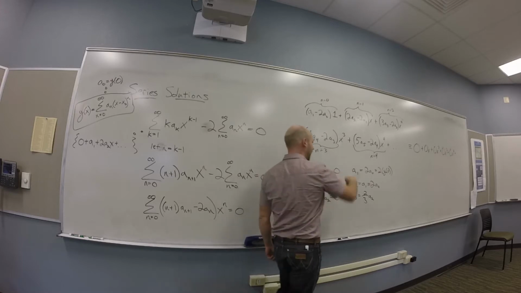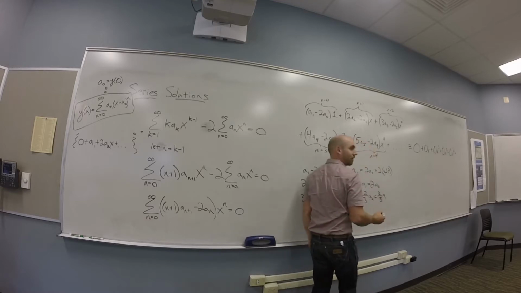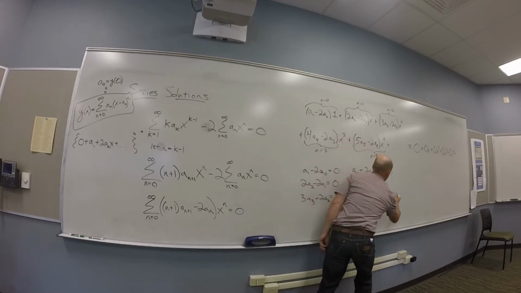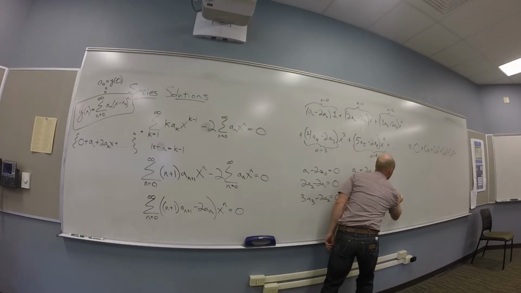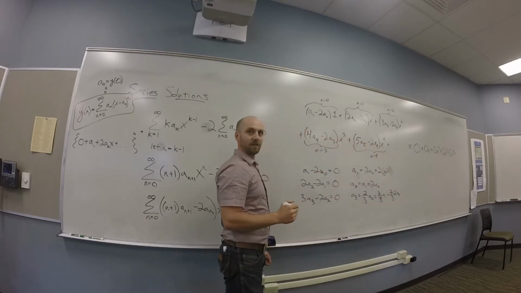But a2 was a1. So that's 2/3 of a1, which is 2/3 of 2a0. With me?